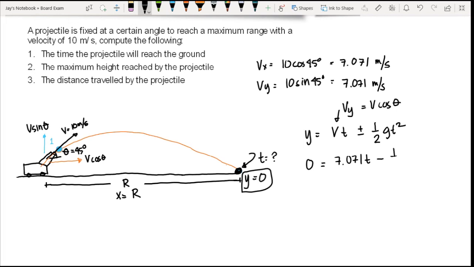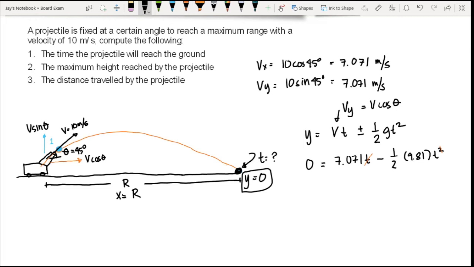So you have 1/2 times 9.81, that is the value of our g, times t squared. Okay? So in this case, the variable t will be cancelled. So we would have this t here cancelled, and the remaining on the second term is just t.